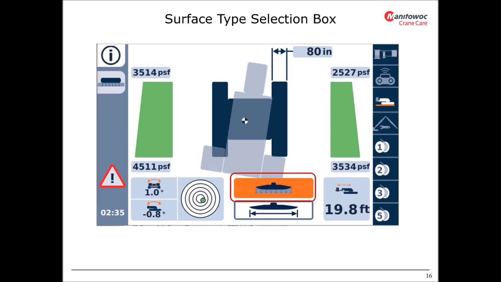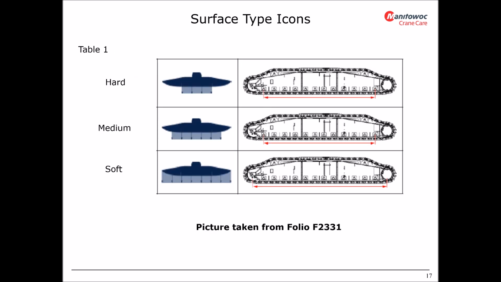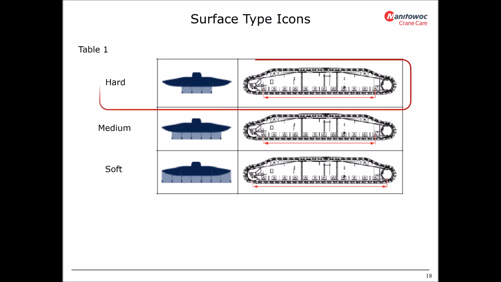In the red rectangle is the selection box for choosing the type of surface the pad is on. Table 1 will give you the information on the possible ground surface choices. Hard ground bearing estimates utilize the length from the center of the first to the last intermediate roller and only the absolute flat portion of the crawler pad width.